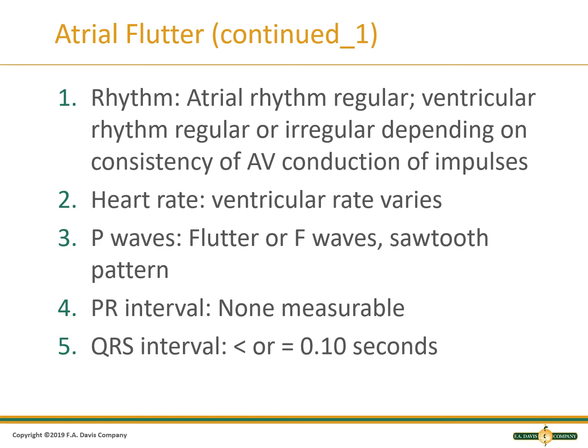Ventricular heart rate could vary. The P waves could be fluttering or forming F waves, a sawtooth pattern. The PR interval is non-measurable, and the QRS interval is less than or equal to 0.10 seconds.